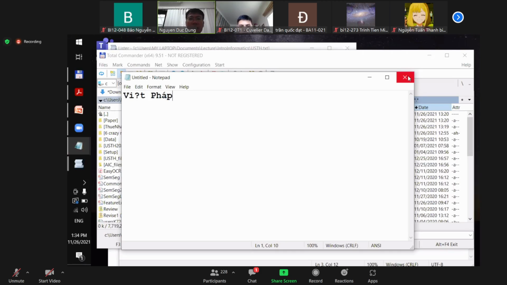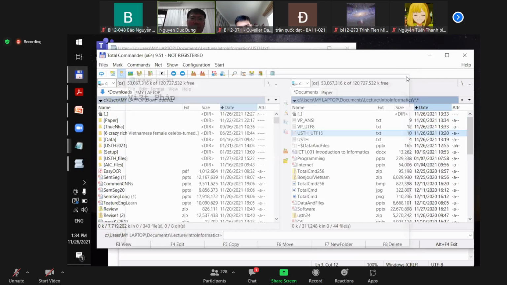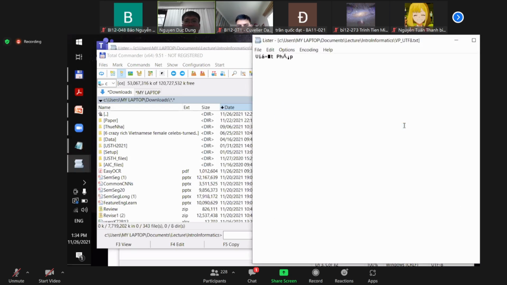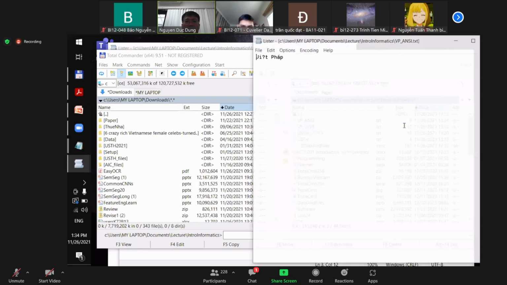Now, I inspect again the two files I have made here. The VP ANSI file has 9 bytes, and the VP UTF-8 has 12 bytes. Wow!